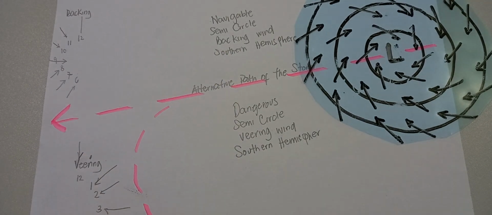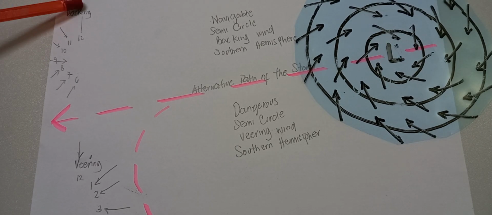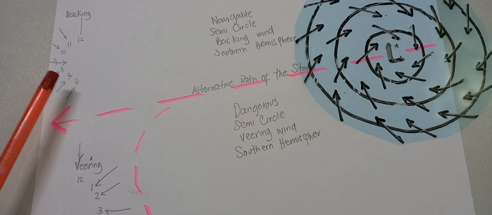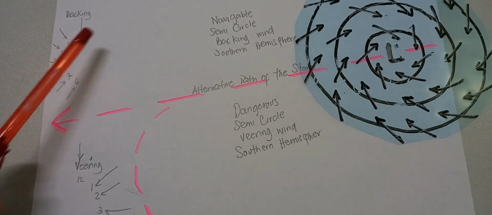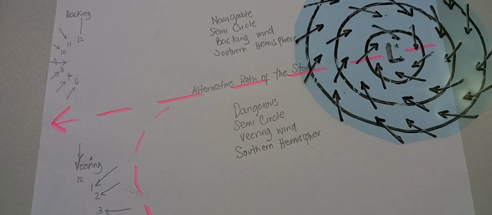So how can we identify if the wind is backing? Again, the wind is coming from the north or 12, changing to 11, to 10, 9, 8, 7, 6. Therefore, it is counterclockwise. The wind is changing counterclockwise.